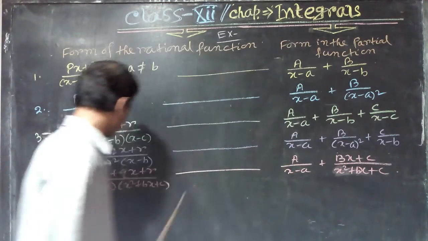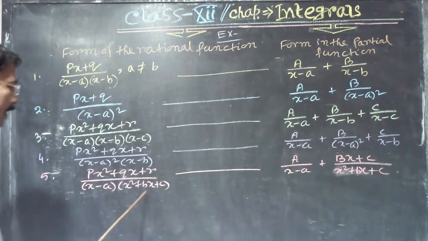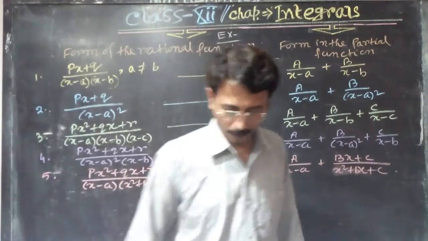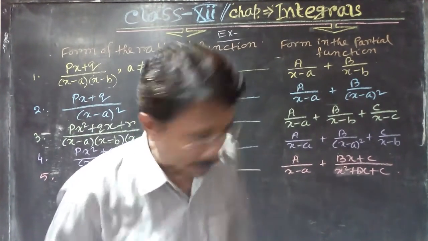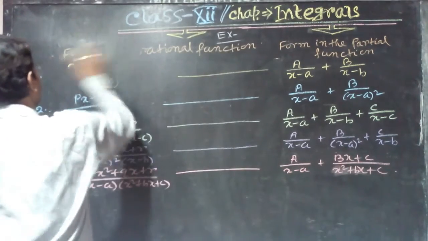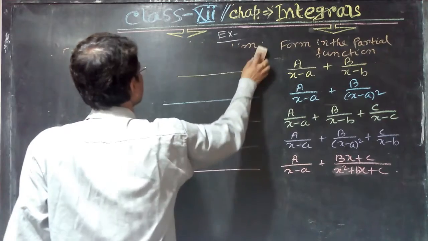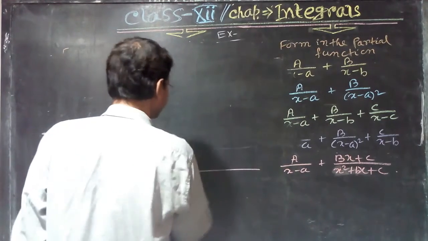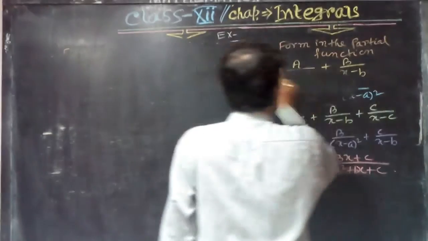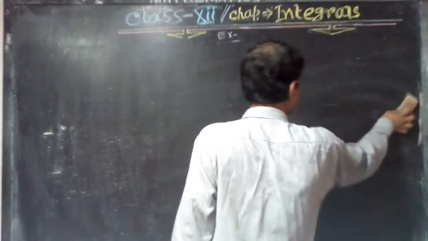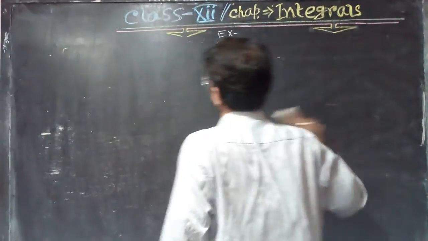Remember, this form x square plus bx plus c cannot be factorized further. Okay, now within this form I solve few integrations and you solve rest of the problems at home.